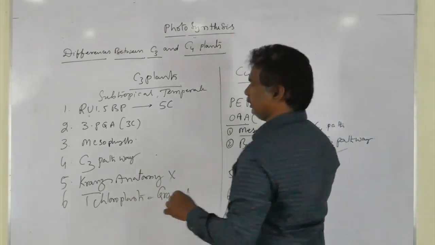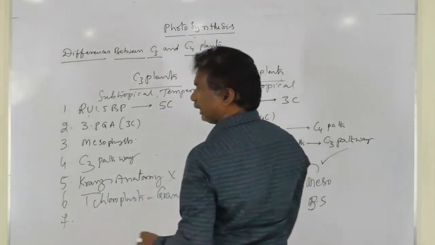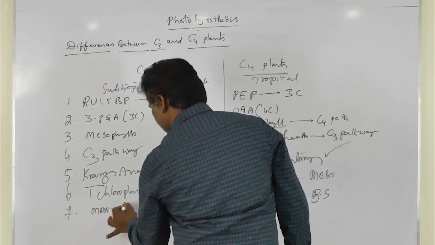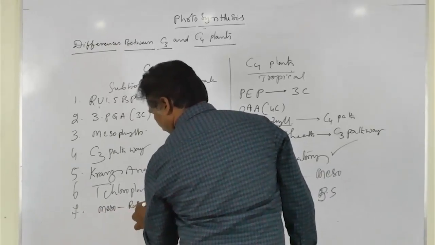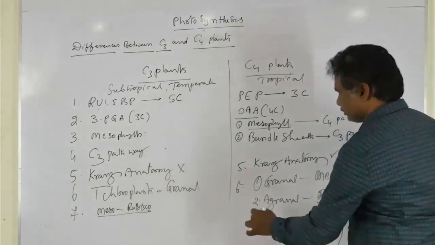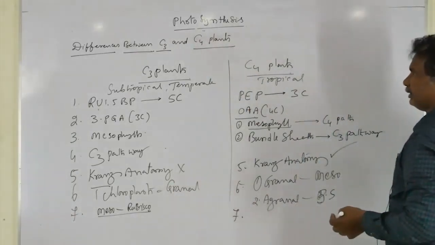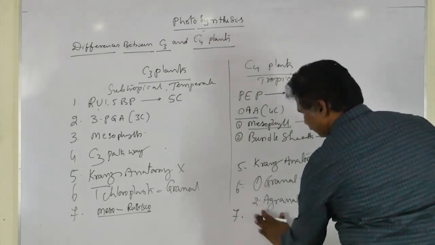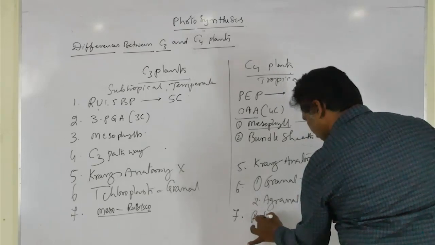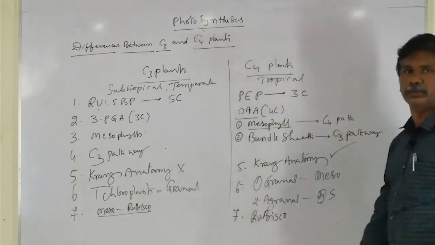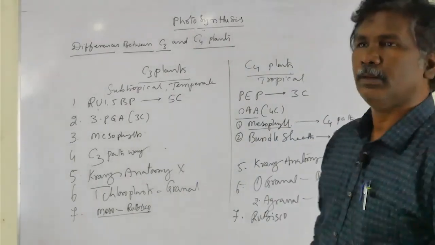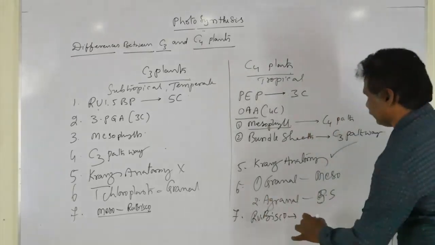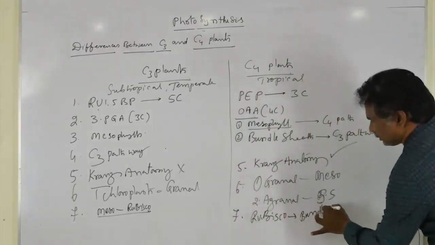In C3 plants, the rubisco activity takes place within the mesophyll cells. But in C4 plants, rubisco is present within the bundle sheath cells, and rubisco activity takes place within the bundle sheath cells.